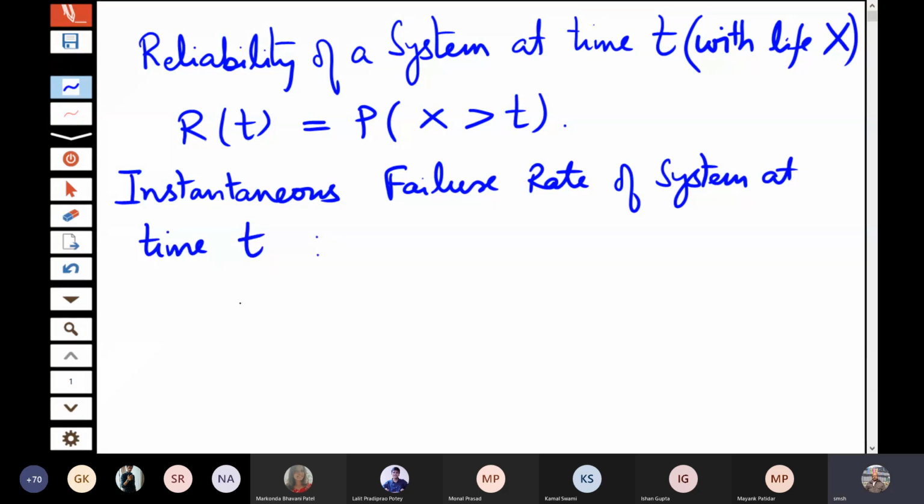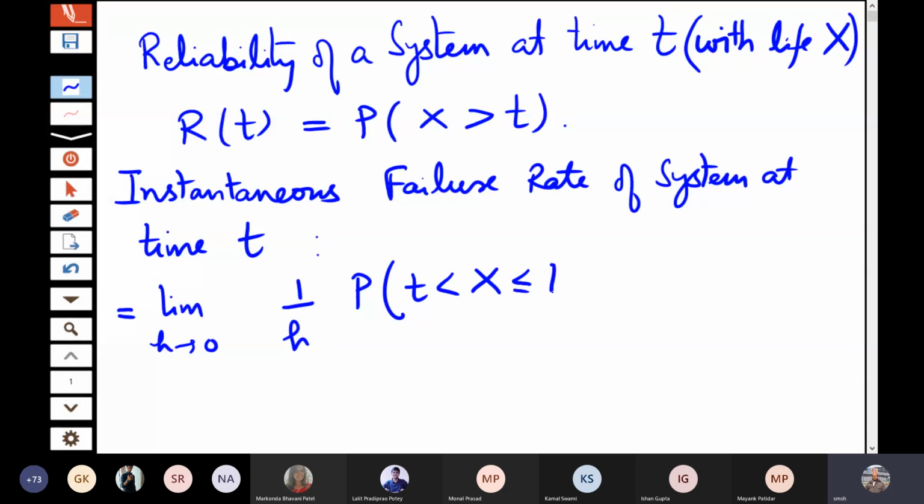Let us define what it is. This is defined as the limit as h tends to 0 of 1 by h times the probability that t is less than x less than or equal to t plus h, given that x is greater than t.